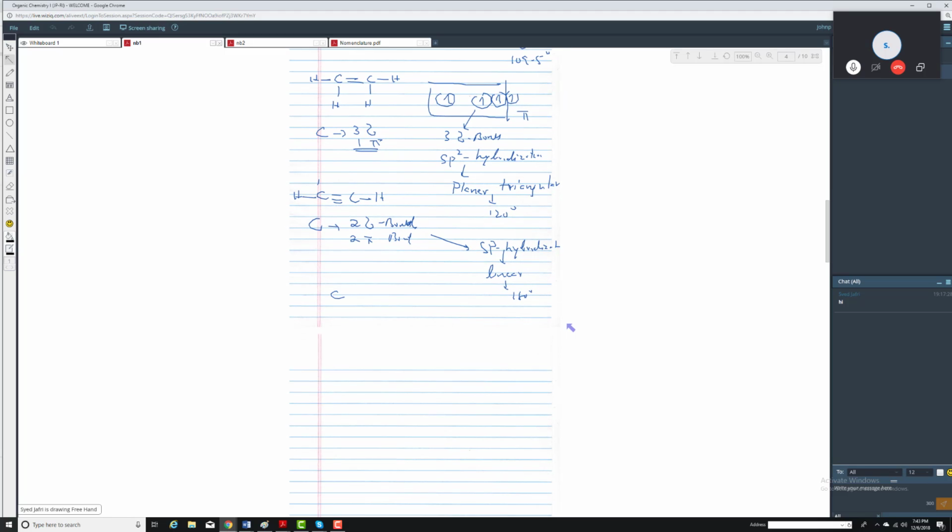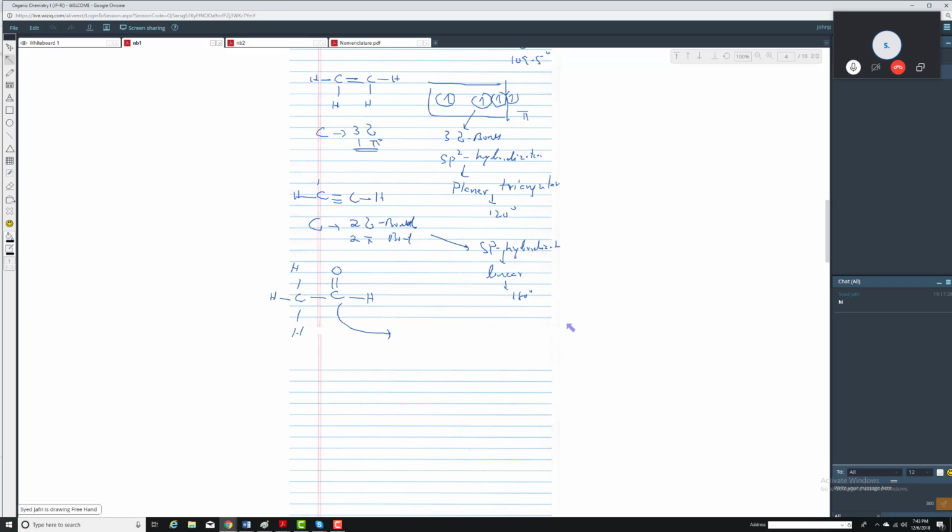I am asking this one. C double bond O, with C and H H H. Can you tell me about this carbon?